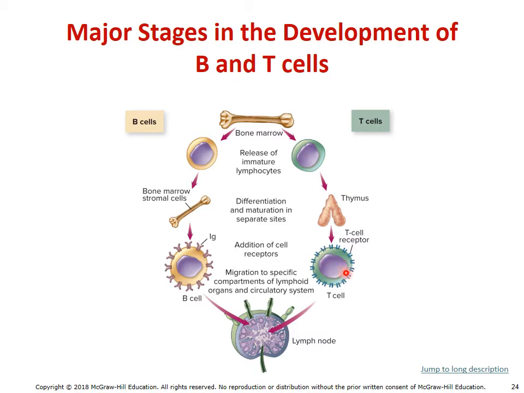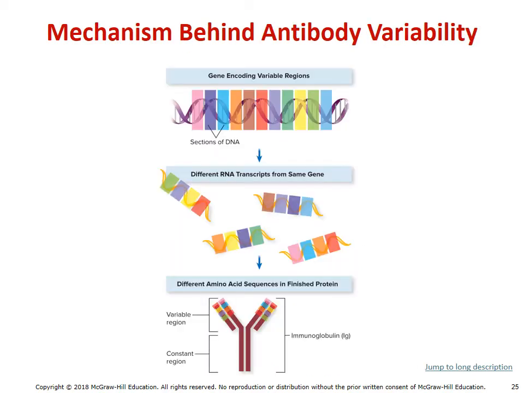Once they've matured and developed an effective receptor, like the T cell receptor here, or the antibody-based receptor of the B cell, then they will travel to their desired location and set up shop. Don't forget though that T cells will often want to circulate and look for threats, while B cells will often stay put. So how do we end up getting this kind of variability in the antigen recognition side?